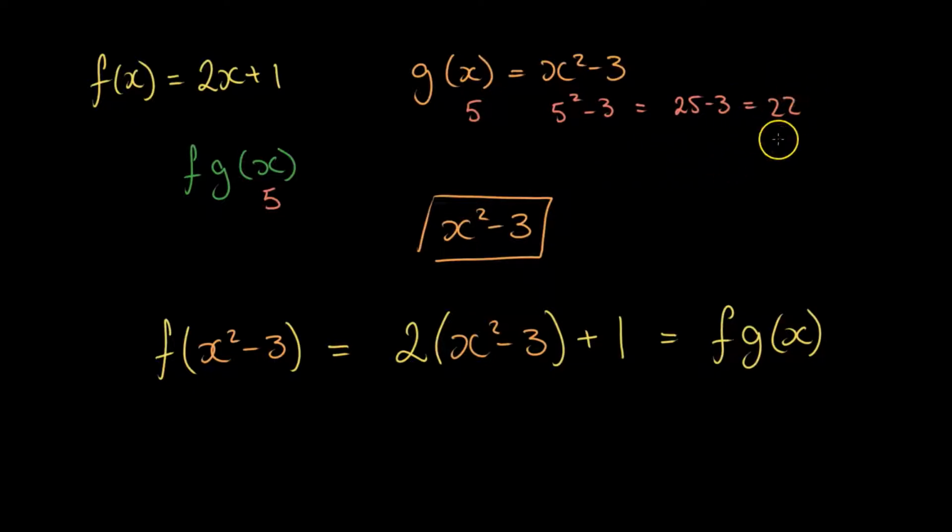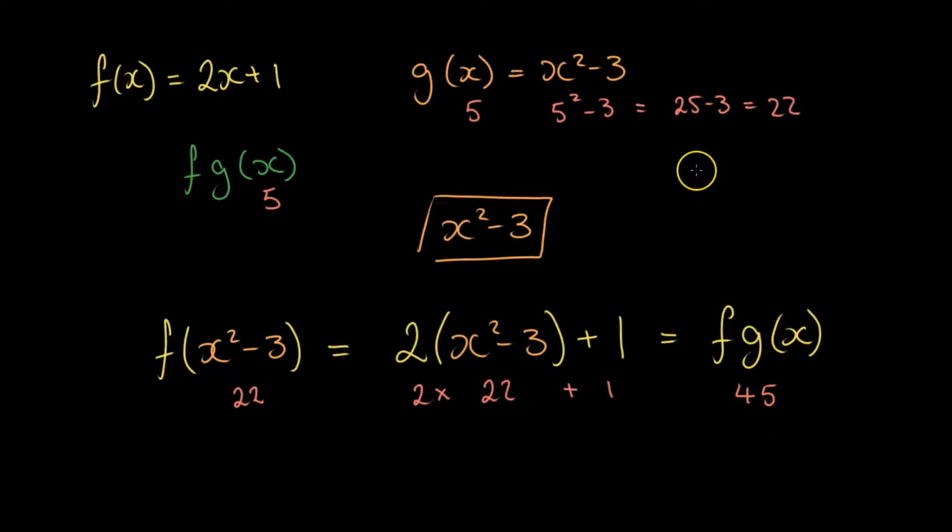Okay, and now we're going to take that value and we're going to put it in our f function. So we're going to take 22 and put it into our f function. So 2 times 22 plus 1 is equal to 45.